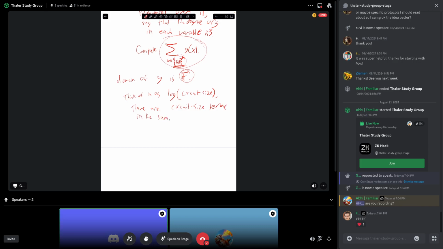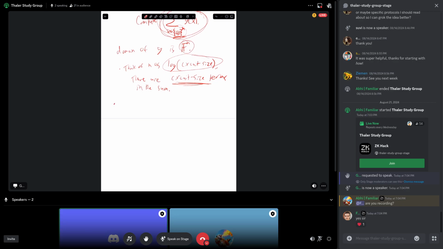Succinctness means we really want our verifier to run in time logarithmic in the circuit size instead of linear in the circuit size, which is one reason the verifier doesn't want to compute the sum on its own. And the SumCheck protocol is a very powerful way to offload the hard work of computing the sum to the prover.